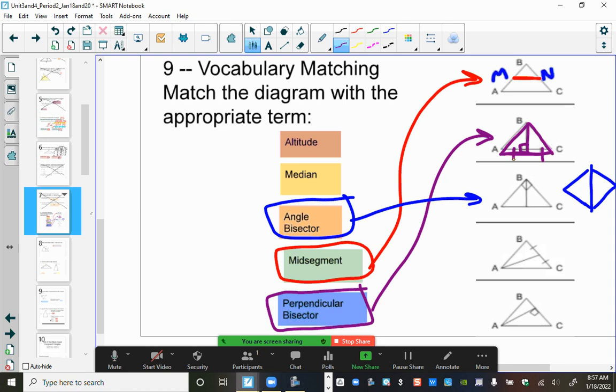Also, then the last two, median and altitude. Median, just split your segment. But remember, that's your midpoint. You can say there's your midpoint.